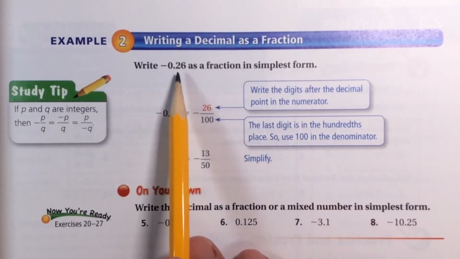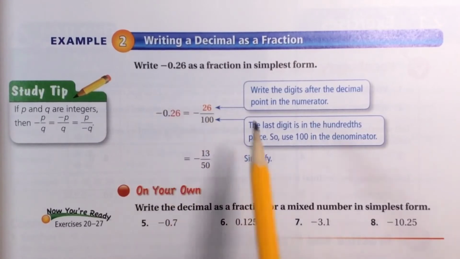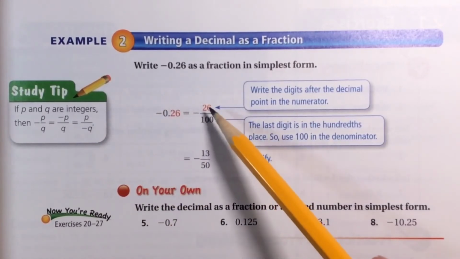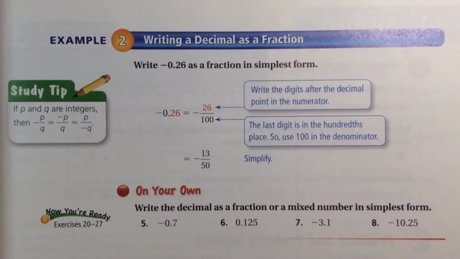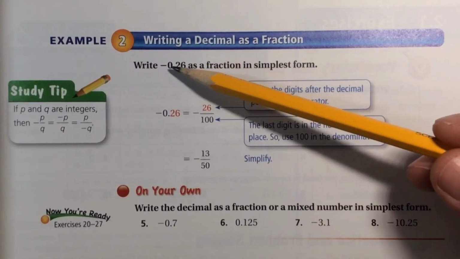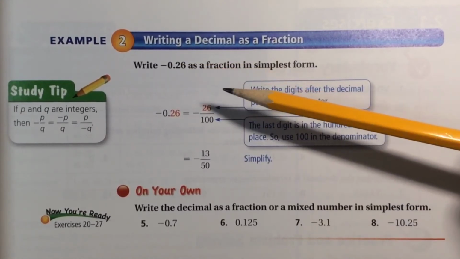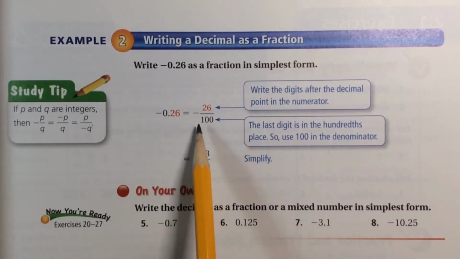If you know how to say these correctly, 26 hundredths, then you know how to write them as a fraction, 26 hundredths. It doesn't get much easier than that. So make sure that you're saying these numbers correctly. Negative 0 and 26 hundredths becomes negative 26/100.